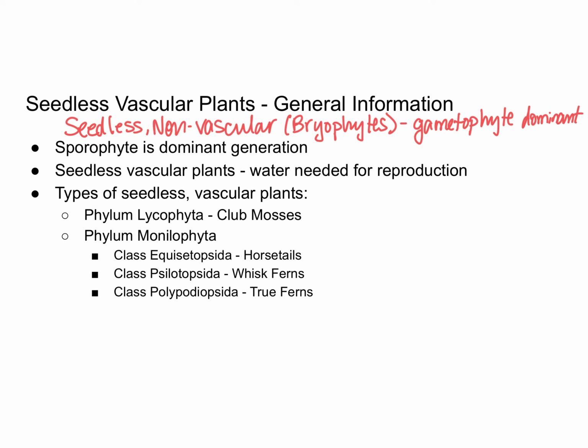But in all other plants, the sporophyte is the more dominant generation. Seedless vascular plants are still required to be near water for reproductive purposes, just like the seedless non-vascular plants. And that's because the male gamete has to be able to swim to the female gamete.